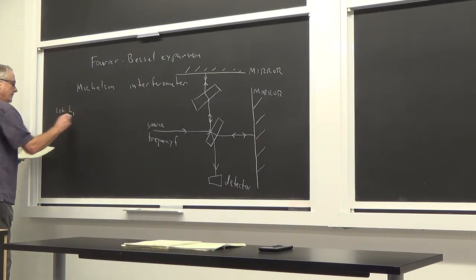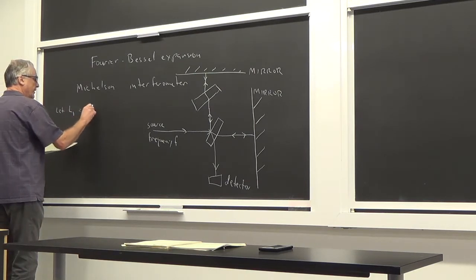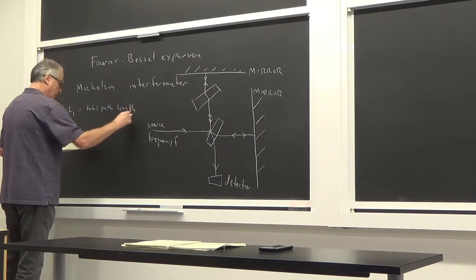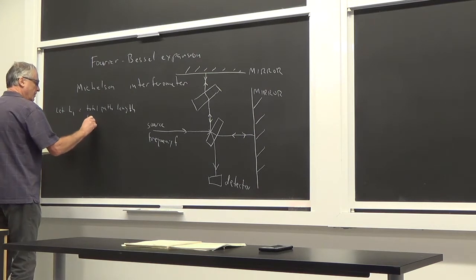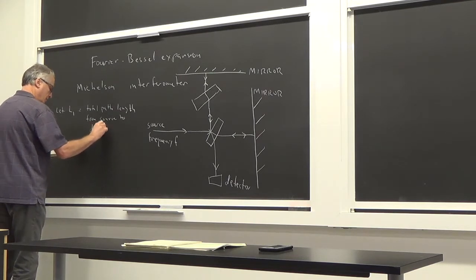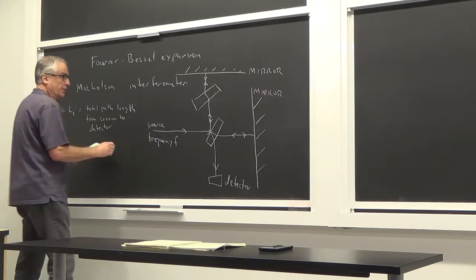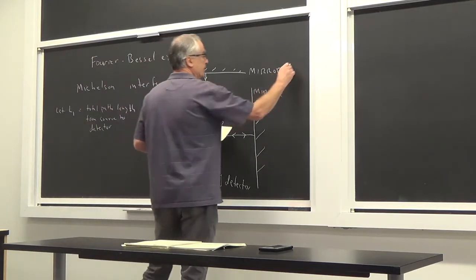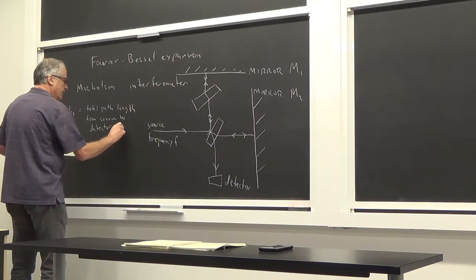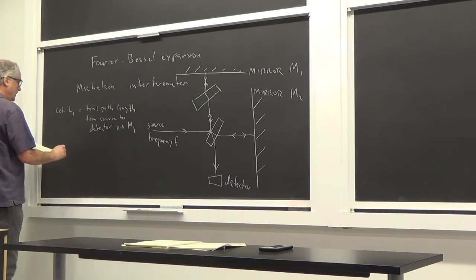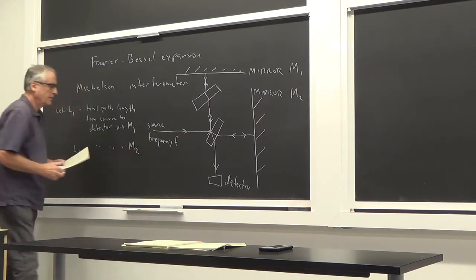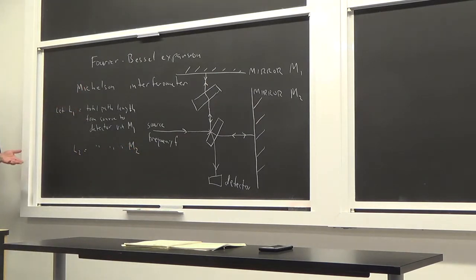Let's let L1 be the total path length from source to detector via, let me call this mirror M1 and this mirror M2, via M1, and L2 equals the total path length from the source to detector along M2.